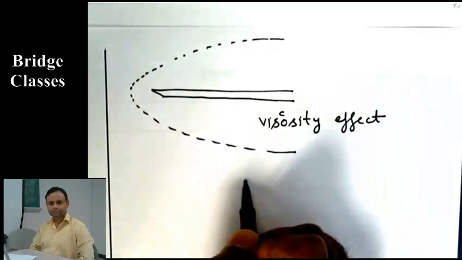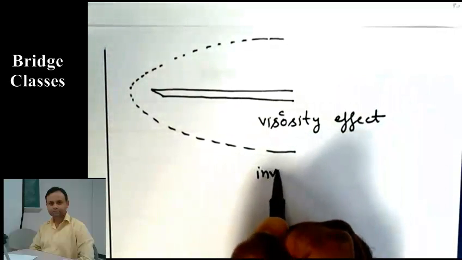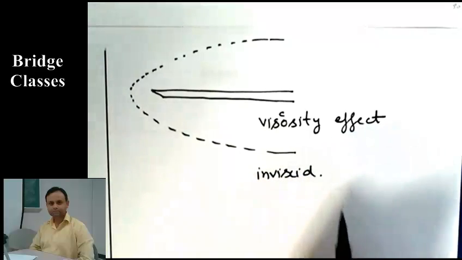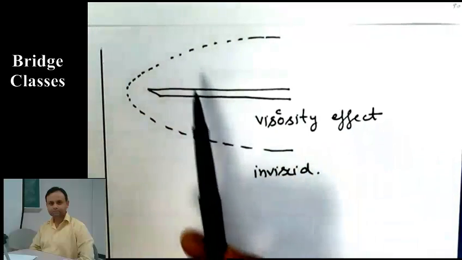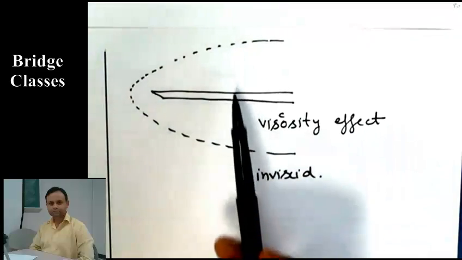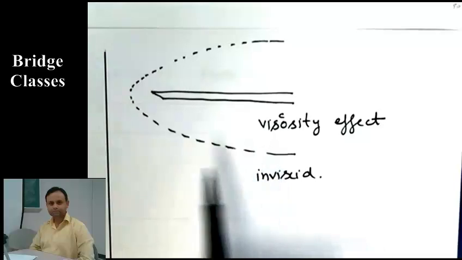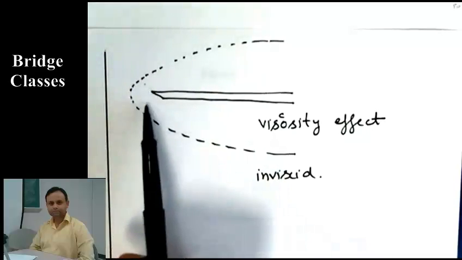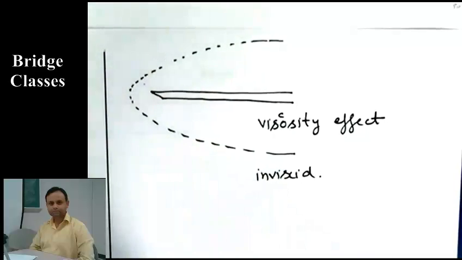And this is the region in which the flow is inviscid. So the boundary layer theory is not valid because this region is too thick. Even ahead of the plate, in this region also the effect of viscosity will be there.